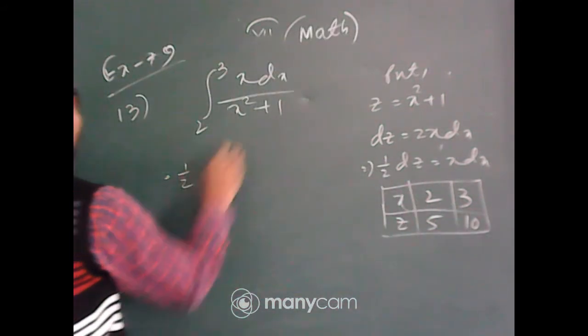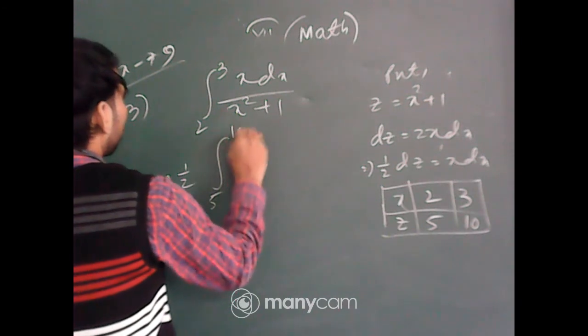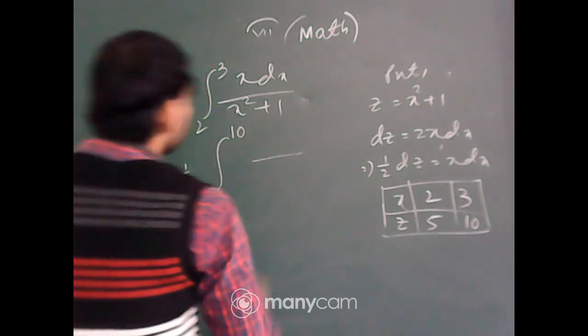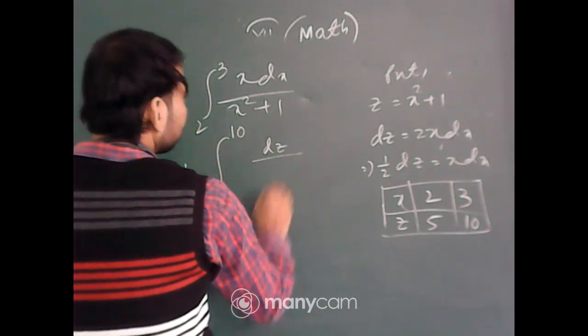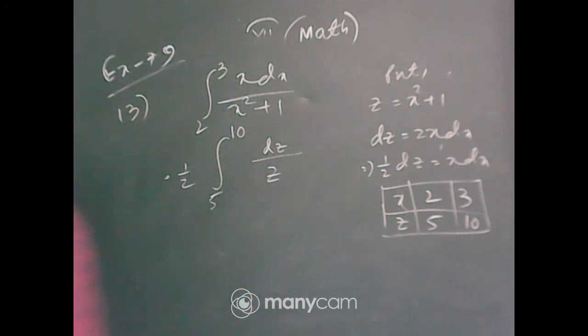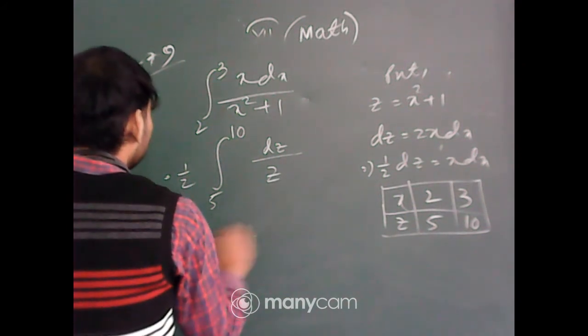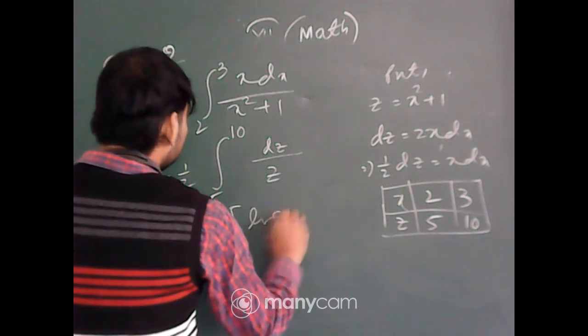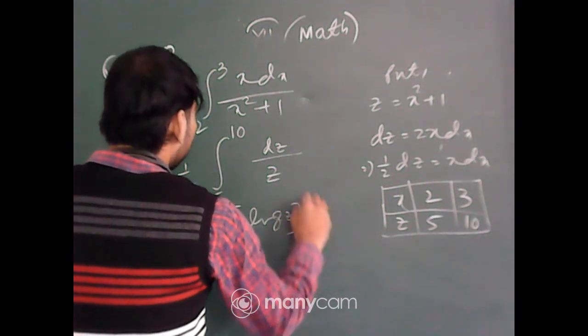So 1 by 2 integration 5 to 10 dz by z. Isn't it? So 1 by 2 log z, then the limits 5 to 10.